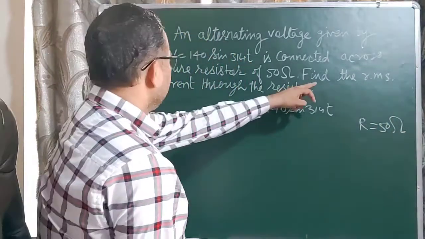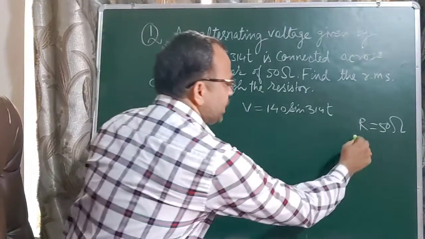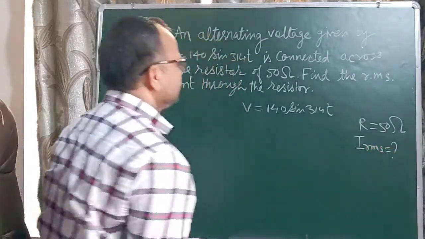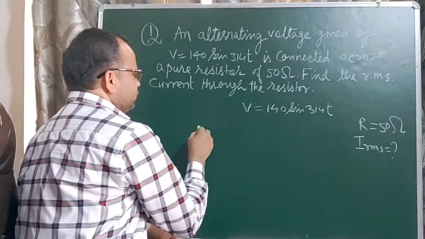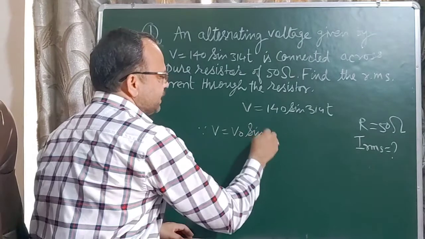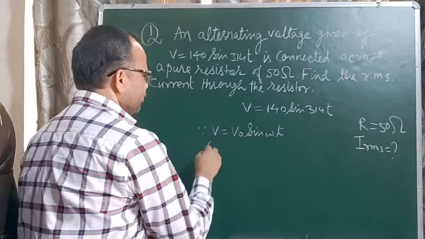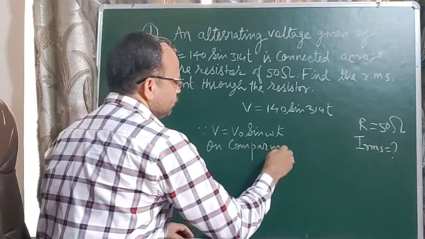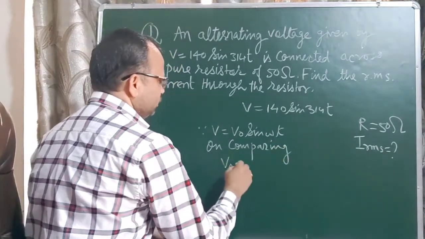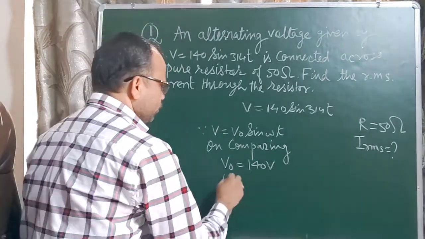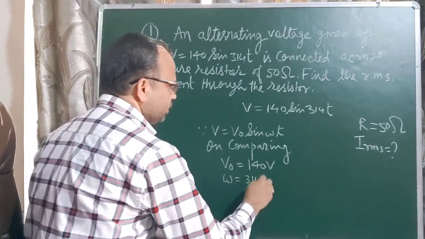Find the RMS current, meaning we have to calculate the value of I RMS, right? So as we know that V equal to V naught sin omega t, on comparing, V naught equal to 140 volt and omega equal to 314.